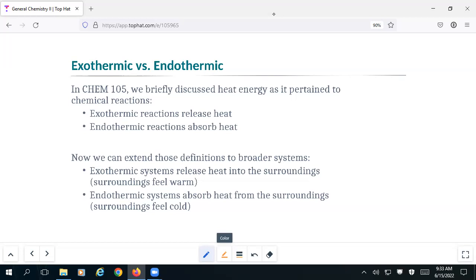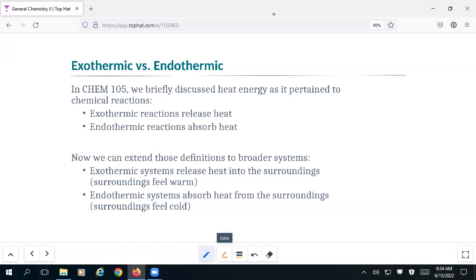The reason it felt warm is because the system was releasing heat, and you, as part of the surroundings, were feeling the release of that heat. So your temperature went up, you were absorbing heat, but you're part of the surroundings. So if the surroundings energy goes up, that must have meant that the system energy went down.